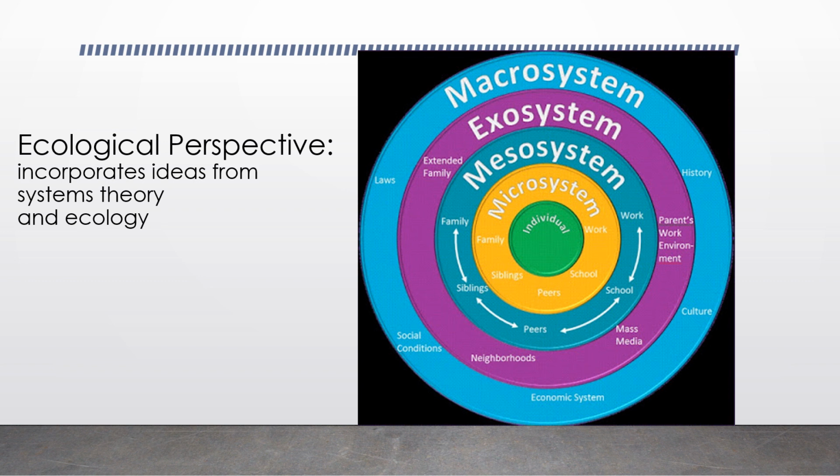Again, we're slowly building out into the larger systems that can influence an individual client, or if you're working with a family, that client system. So then we have the macrosystem, and this is a larger system that influences the client's life. Macrosystems could include the US healthcare system.